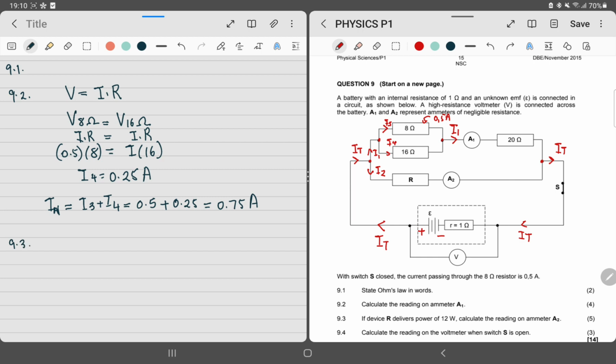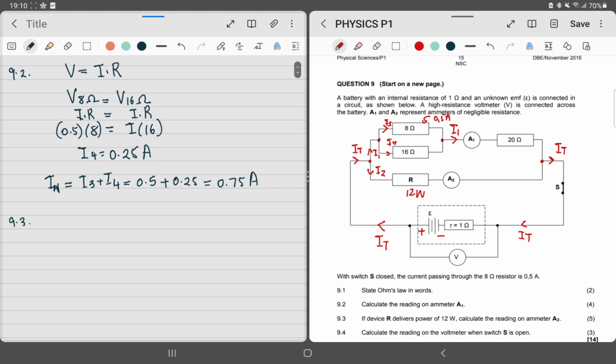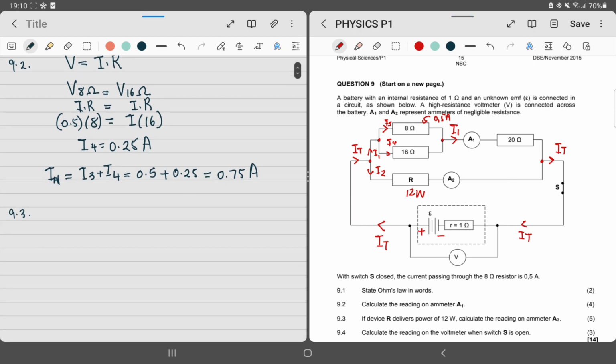9.3. If device R delivers a power of 12 watts, calculate the reading on A2. So we said we're going to combine these two so that they become one resistor.